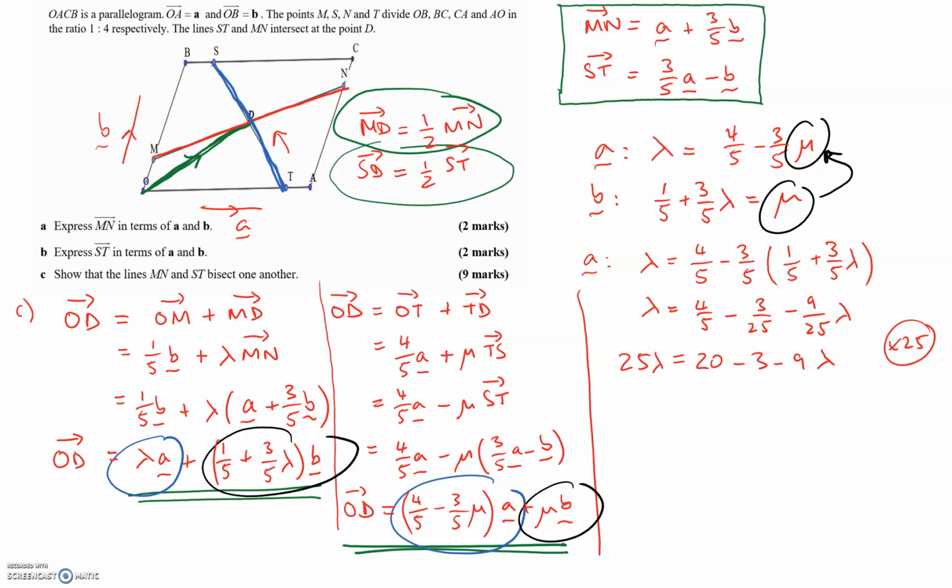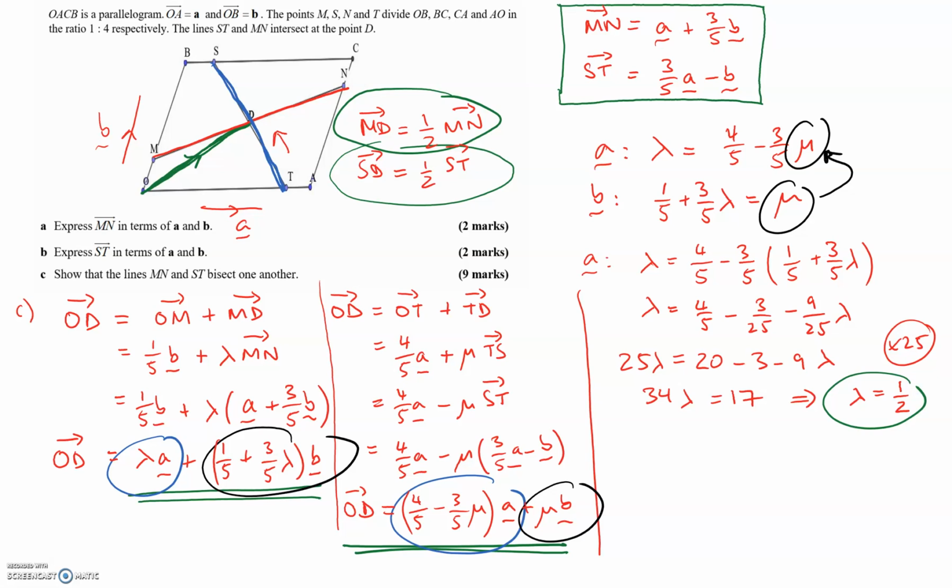So it gives you 25 lambda plus 9 lambda, which is 34 lambda equals 17. So, hey, it looks like lambda is a half. So, job done on that.